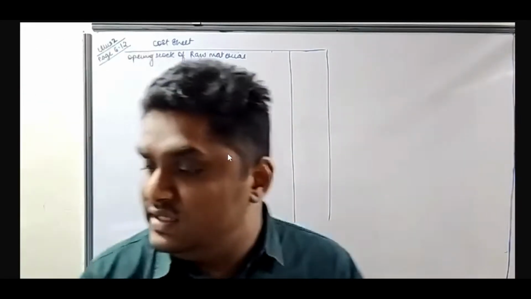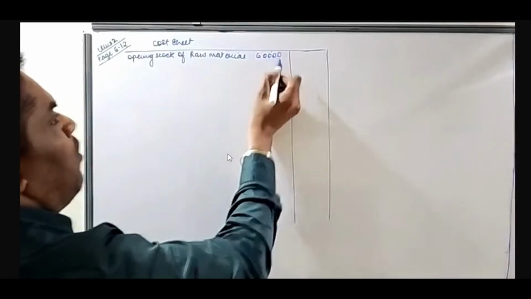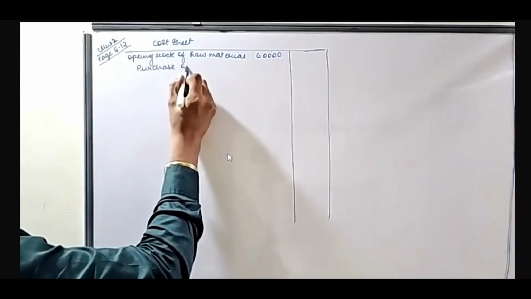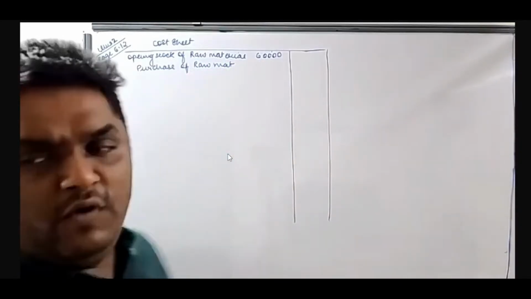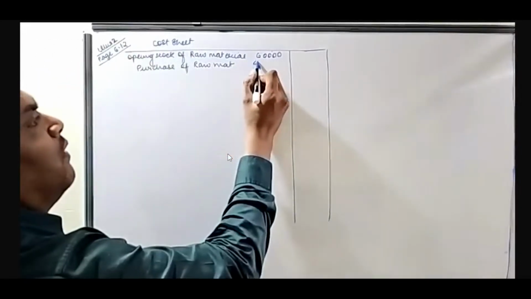Opening stock of raw material is given, that is 60,000. Purchase of raw material is given, that is 4,80,000.